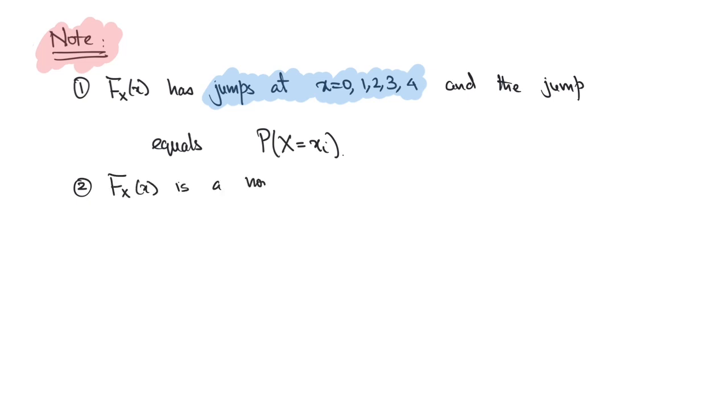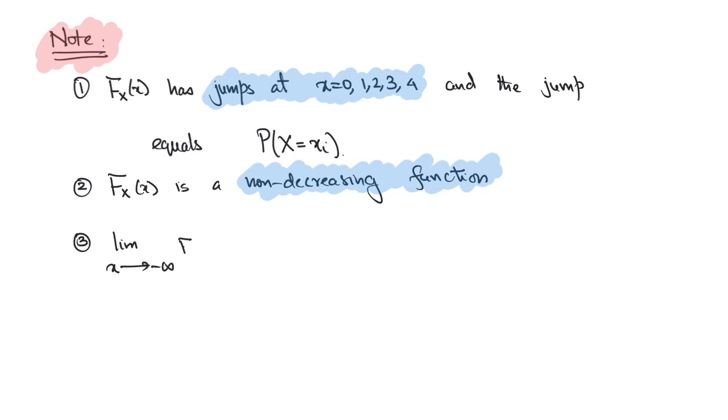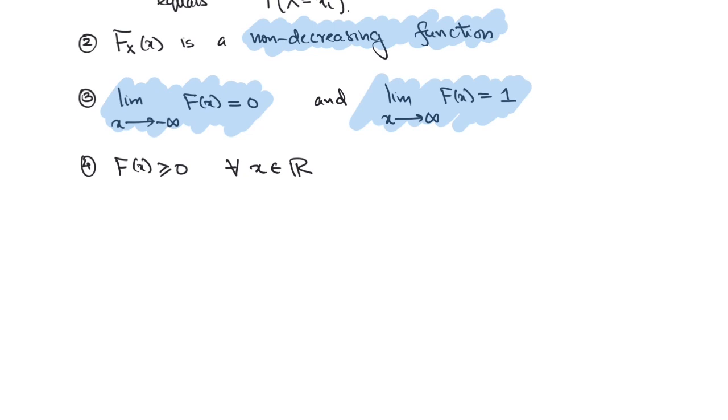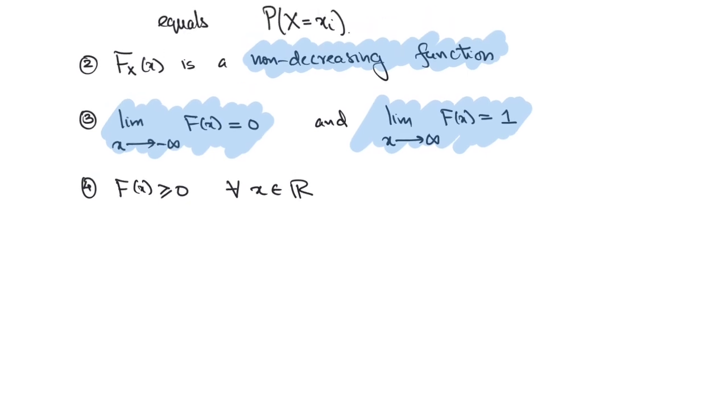Also notice that F_X is a non-decreasing function, and the limit as x goes to negative infinity of F_X(x) is 0, and the limit as x goes to infinity is going to equal 1. Furthermore, F(x) is greater than or equal to 0 for all values of x.